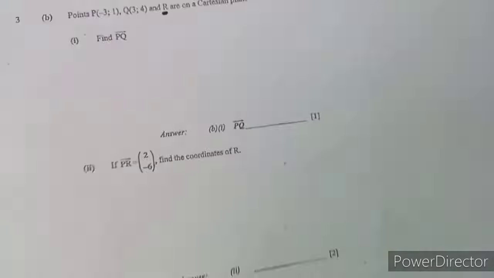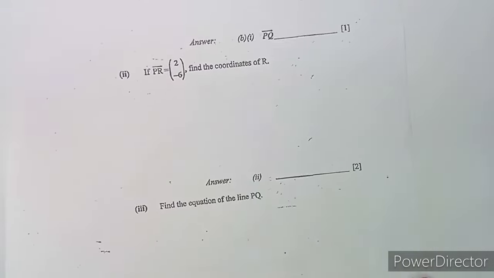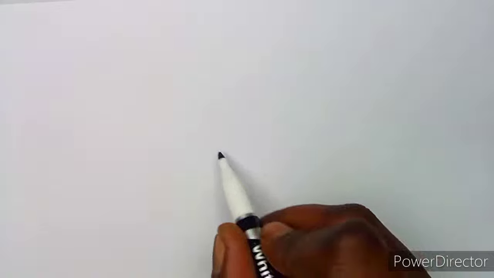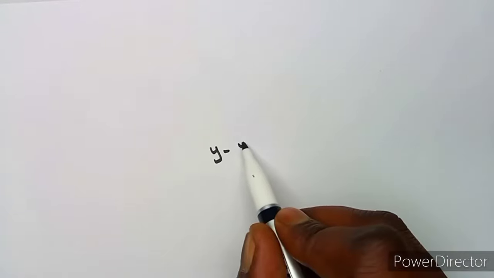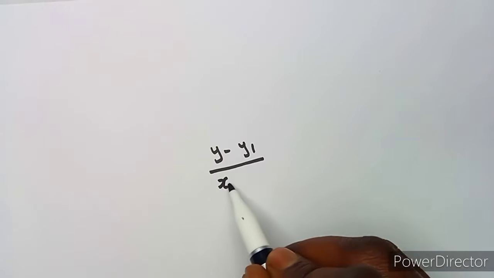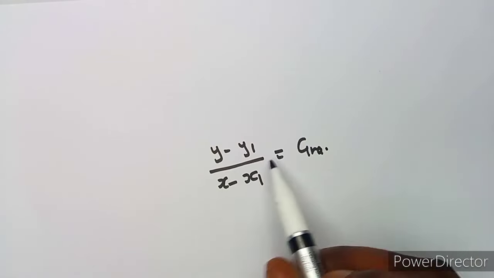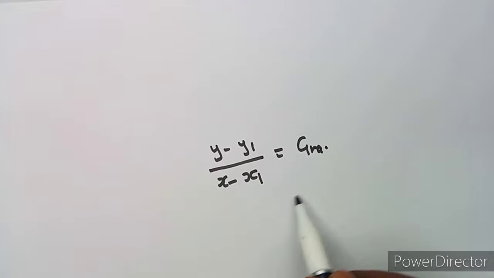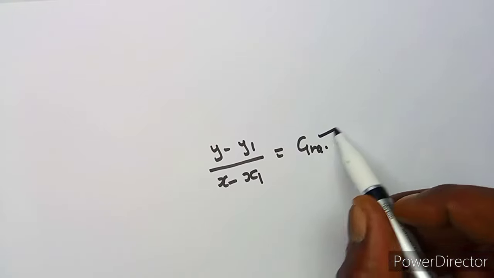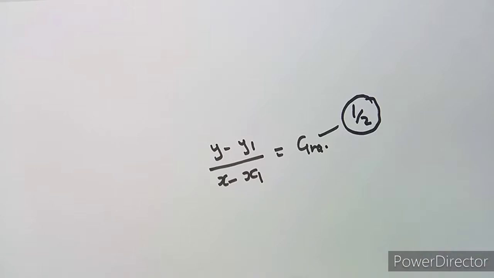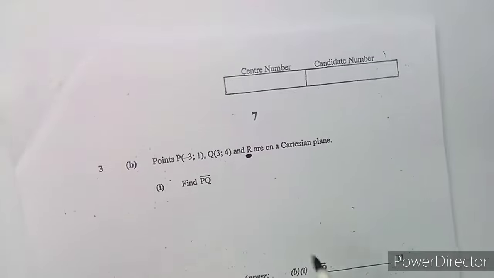So anyways, from this typical question, that was the equation of line PQ. Also, there are so many formats. You can also use this format to find the equation of a line. Remember, I also told you (y - y1) over (x - x1) is equal to the gradient. You can use this one where you use your gradient, which you found as 1 over 2. Choose any of the points.